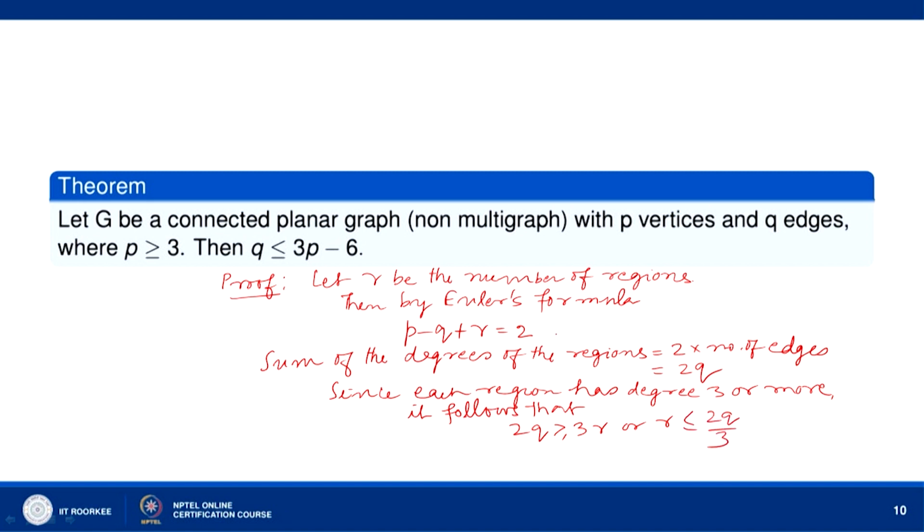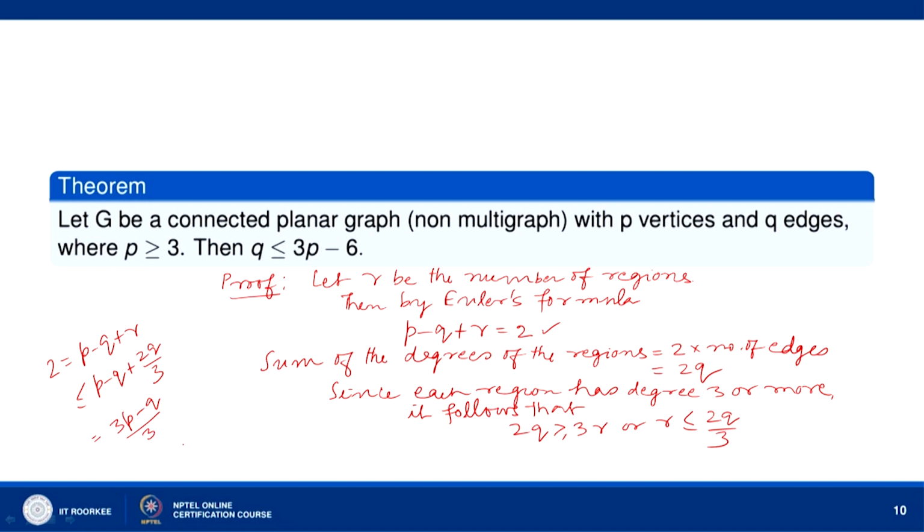Now, let us consider this equation, P minus Q plus R equal to 2. So, we have 2 equal to P minus Q plus R, and R is less than or equal to 2Q by 3. So, P minus Q plus 2Q by 3, and this gives you 3P minus Q divided by 3.